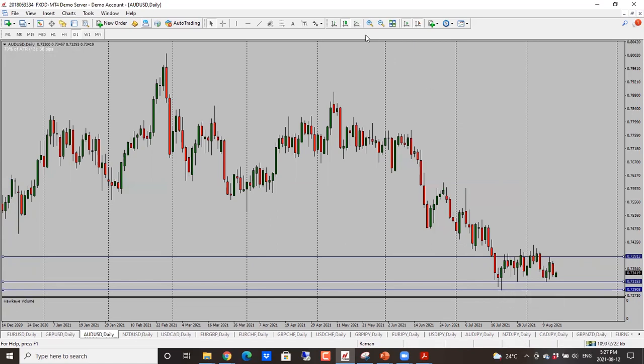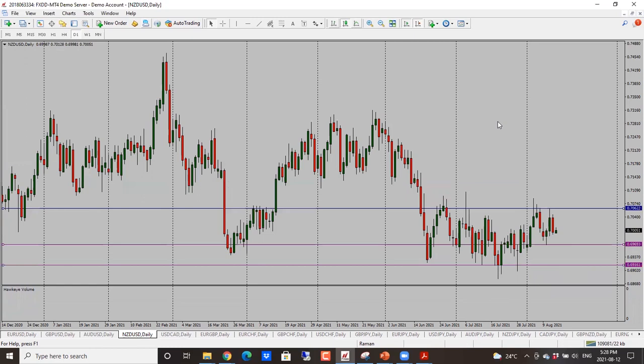However, watch out for the support at the bottom of the range. This is where price has turned around at 0.7315 several times. So watch out for it. So 0.7315 is the first target, and 0.7290 is the second target here for Aussie dollar. So neutral to bearish bias for this as well.